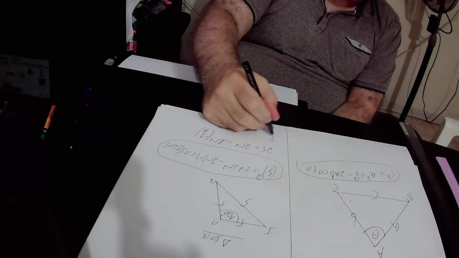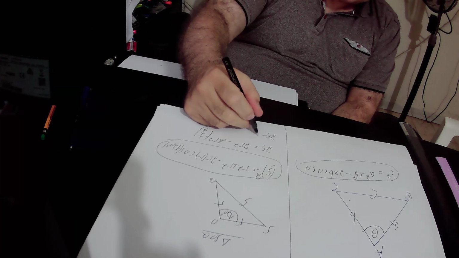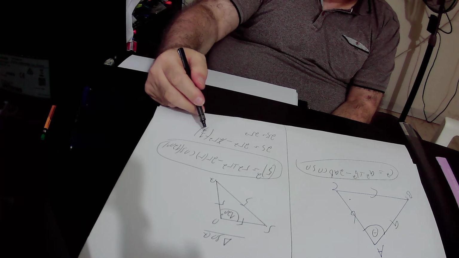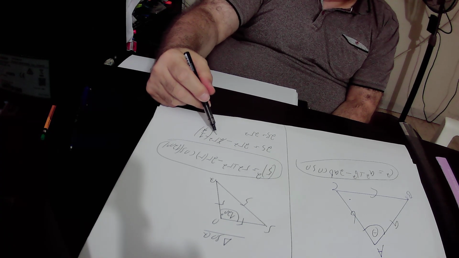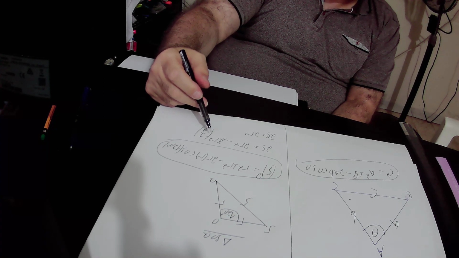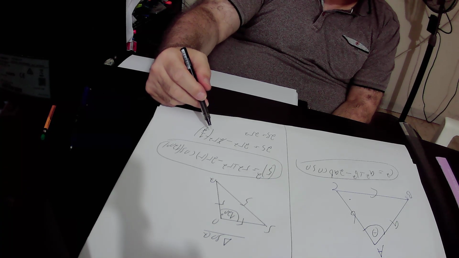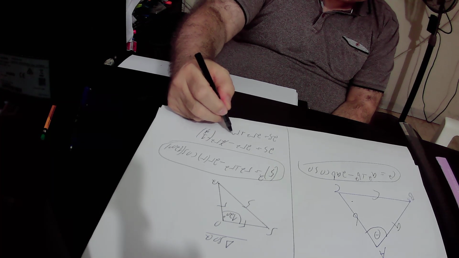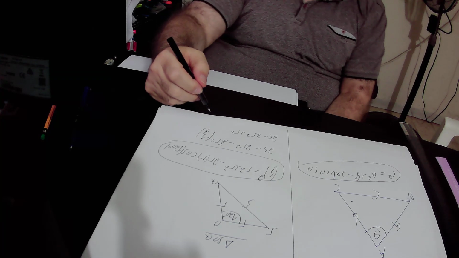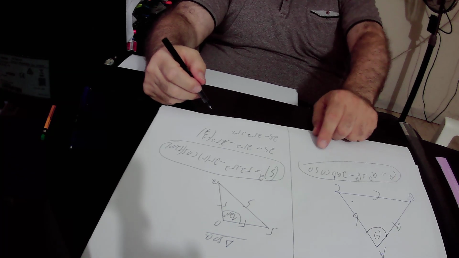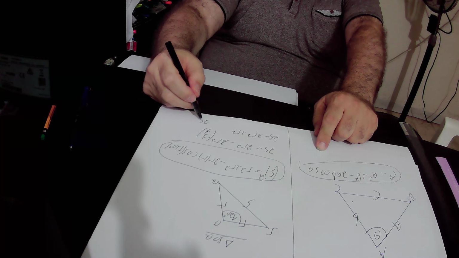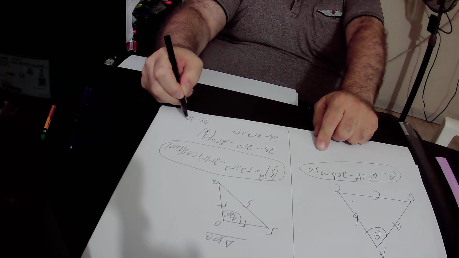Minus times minus is plus, so this expression in total will be equal to plus R squared. So we found out that 25 equals 2R squared plus R squared, that is to say 25 equals 3R squared.